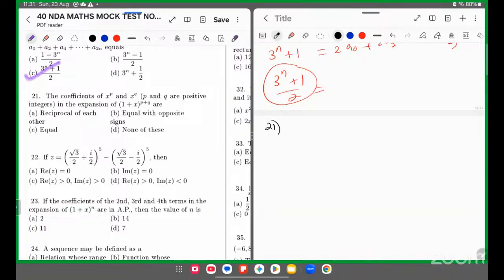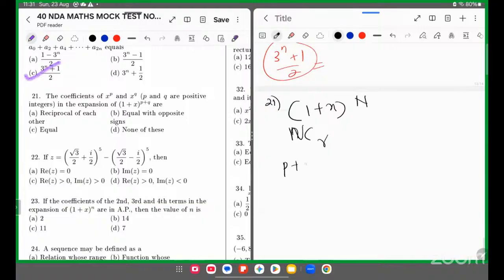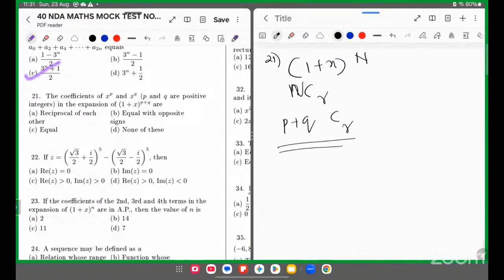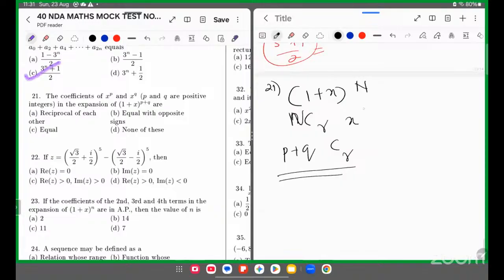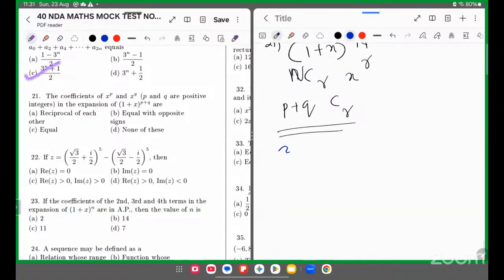How can we write the coefficient? 1 plus x raised to n means the coefficient is NCR. That means I can say P plus Q CR, so NCR into x raised to r. So if I want to get the coefficient of x raised to P, I have to write P plus Q CP. If I want to get the coefficient of x raised to Q, I have to write P plus Q CQ.